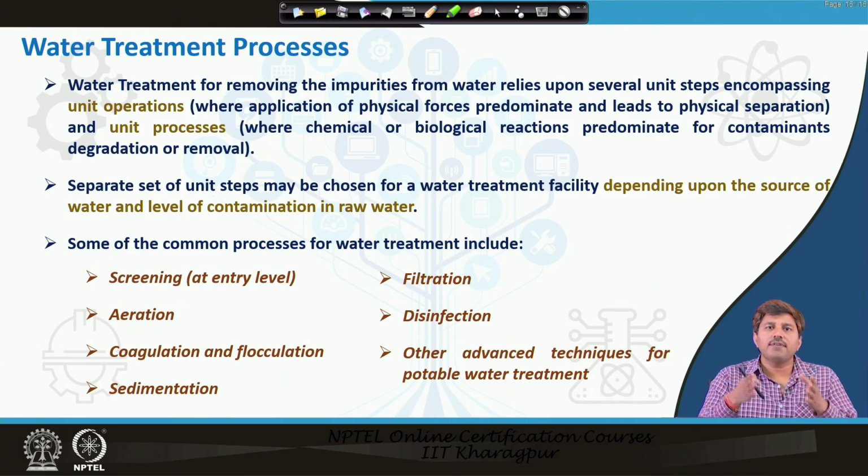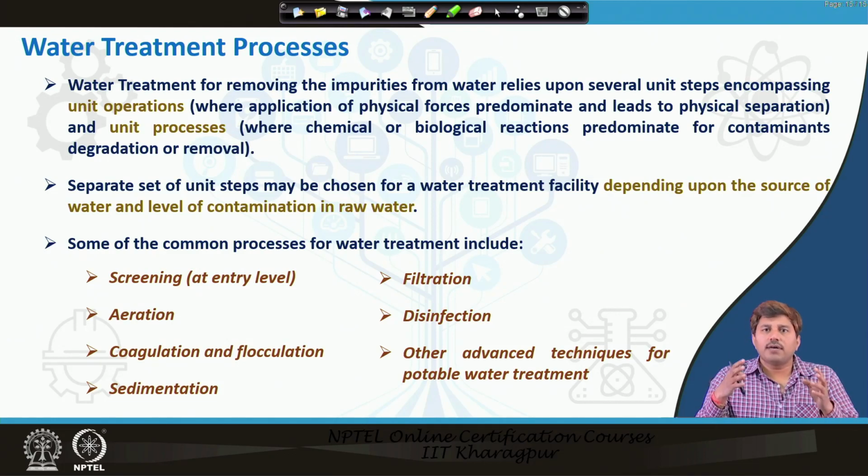We may have multiple types of contaminants present in the water, and we discussed certain water quality parameters earlier. We may have suspended solids, which can be removed by settling. We may have colloids, which can be removed by coagulation, flocculation or settling. We may have microbial impurities, which cannot be settled, so they probably need another unit for disinfection.